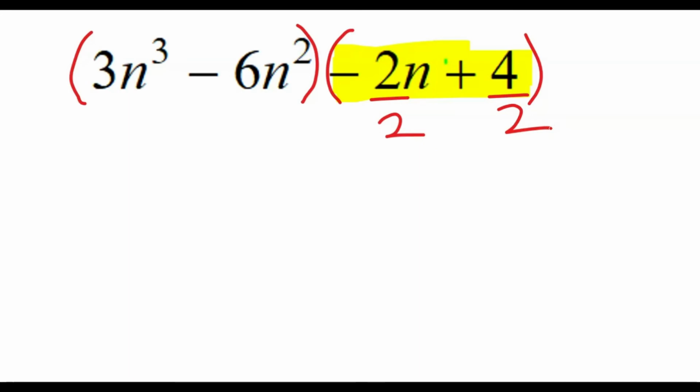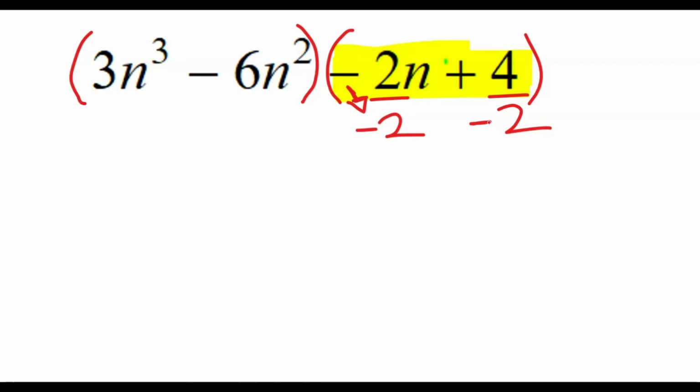Just like on the other side, there's no variable. But this negative, if it's in the front, it's going to change what I factor out. Here I'm factoring out a negative 2. That number in the front, the leading coefficient, will determine that. That 2 in the front was negative. That means I factor out a negative 2.